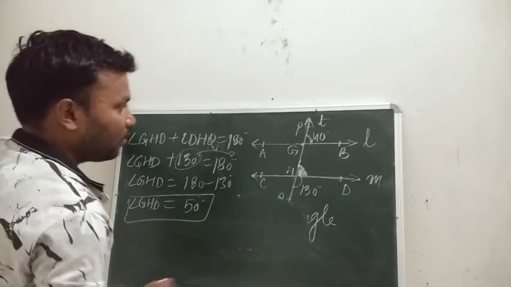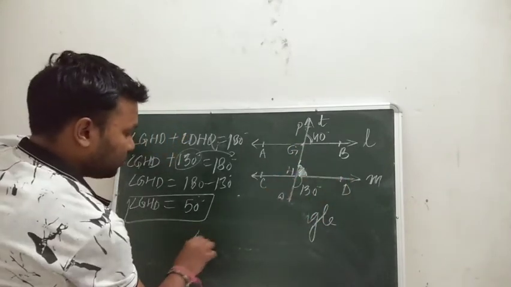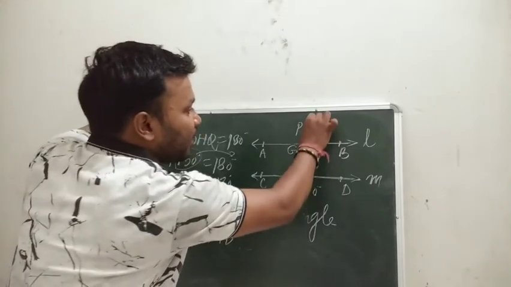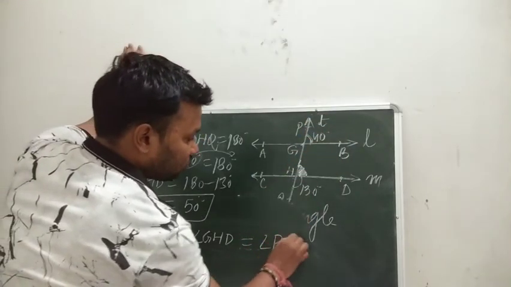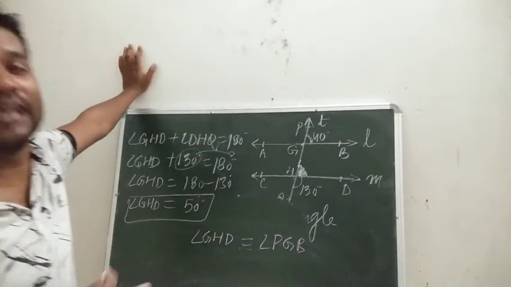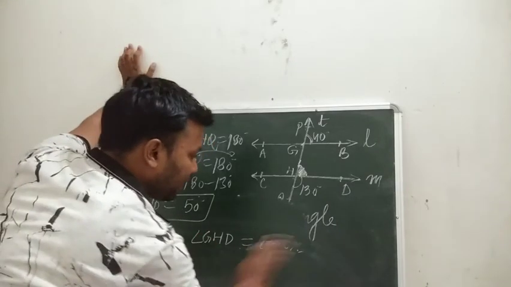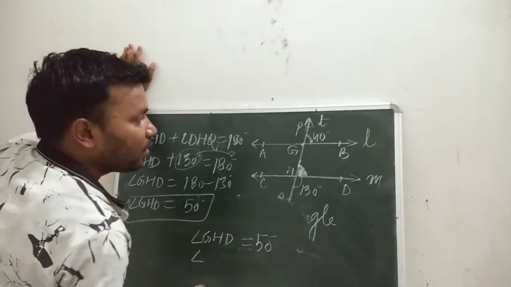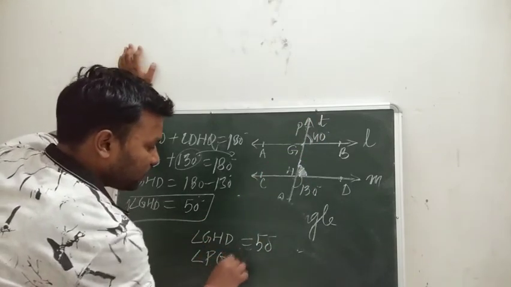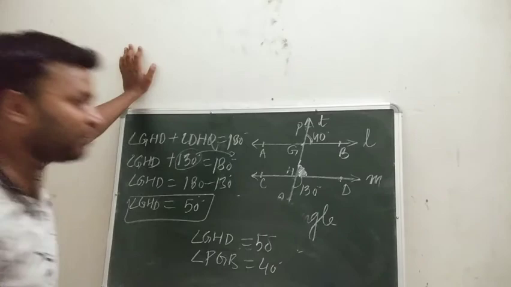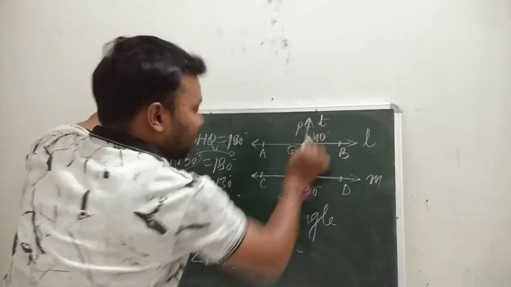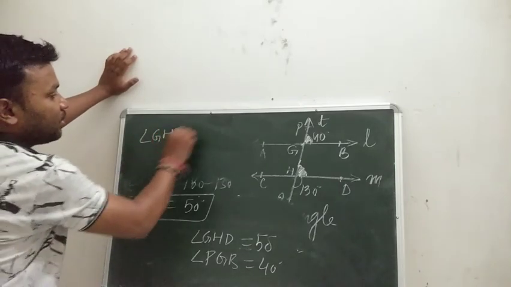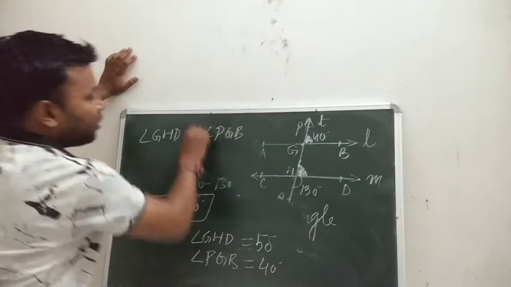Now students, because angle GHD is the corresponding angle for angle PGB, they must be the same if lines L and M are parallel. But you can see here the value of angle GHD is 50 degrees and the value of angle PGB is given as 40 degrees, and hence we can say that the corresponding angles GHD and PGB are not equal.